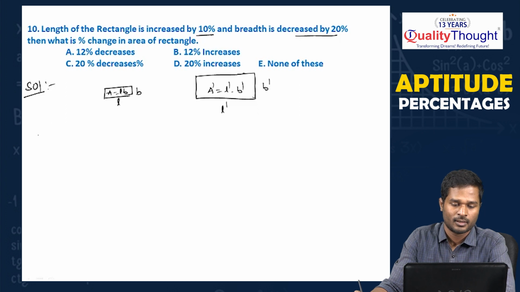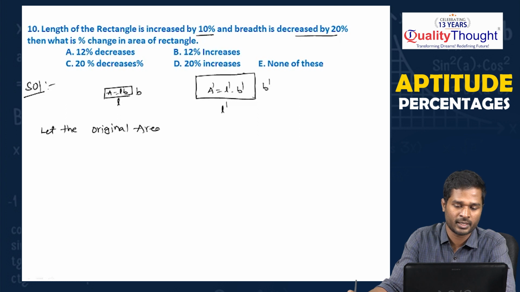See, let the original area, consider the original area as 100. Okay. Now, see how can we write original area is 100.